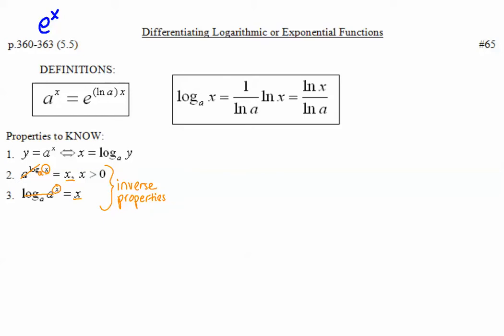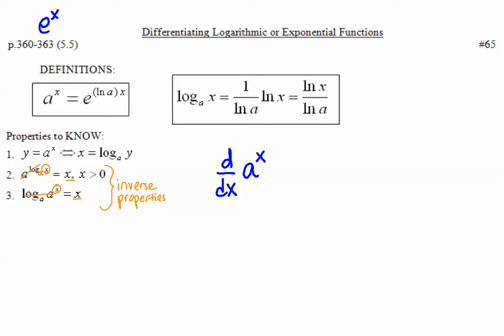Now, ultimately, you need to memorize the two derivatives, the derivative of a to the x and the derivative of log base a of x. So I'm going to write that down to start with. First one, the derivative with respect to x of a to the x. Well, remember that you know the derivative of e to the x.